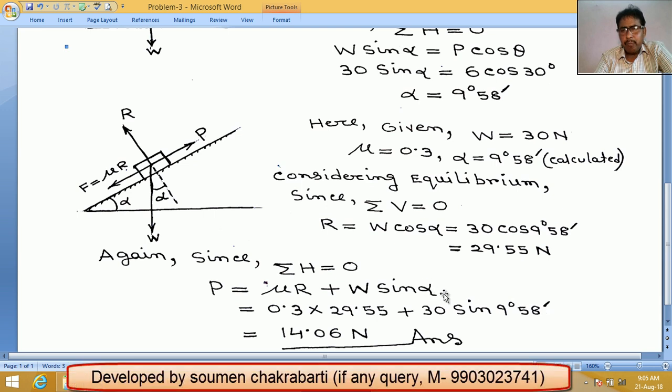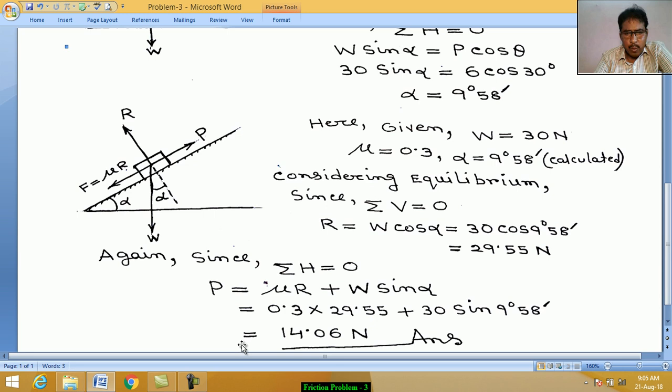Value of alpha we find out from previous case. So P equal to 14.06 Newton. This is the answer.